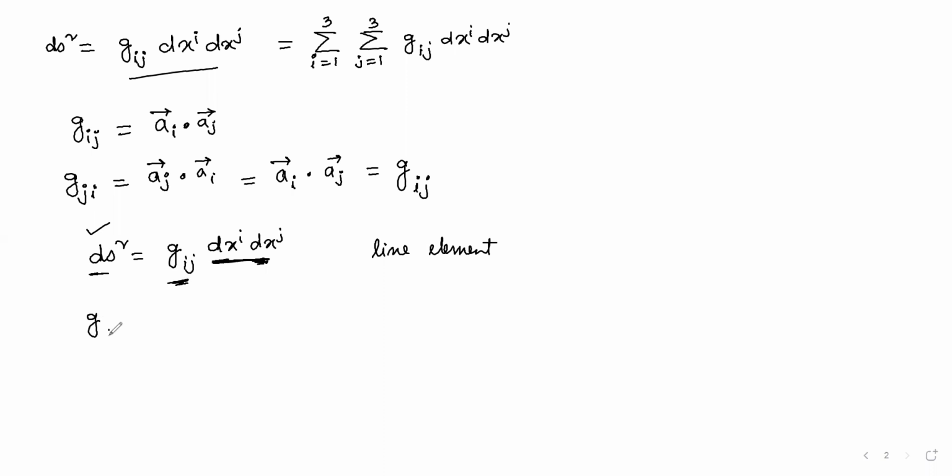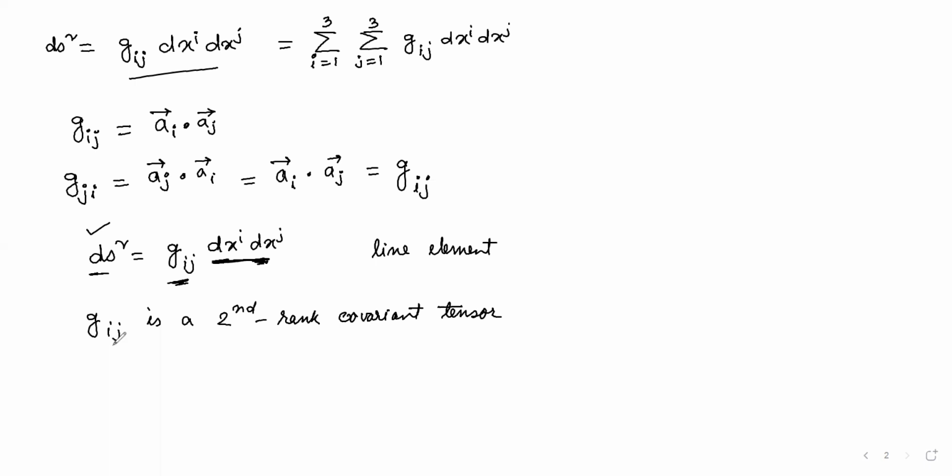So gij is a second rank covariant tensor. And this is known as the metric tensor. gij are the components of the metric tensor.